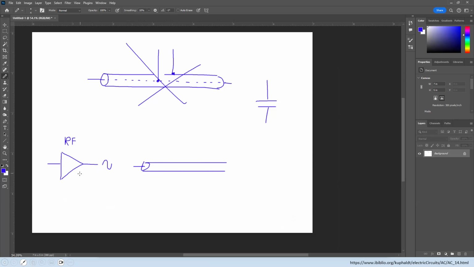How is it that the amplifier introduces a wave into a cable? Well, it takes a wave, throws it in there, and that's it. Once the wave is thrown into the cable, it's there on its own. It's going to travel along the cable until it becomes so weak that it's going to stop existing. And then it's going to throw another wave, and the same thing is going to happen.